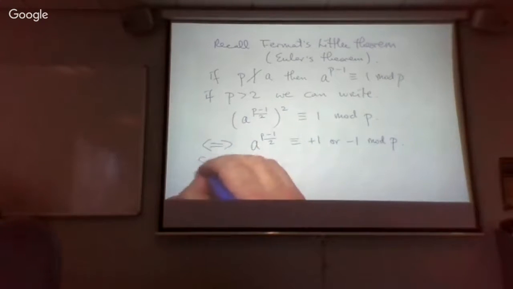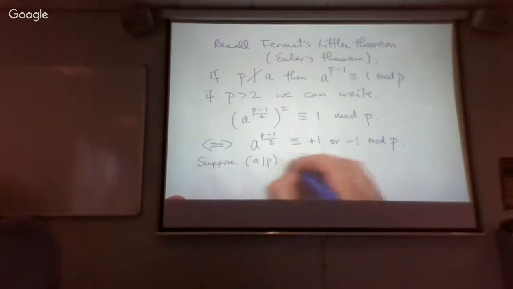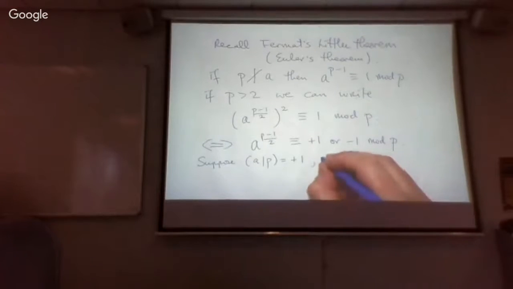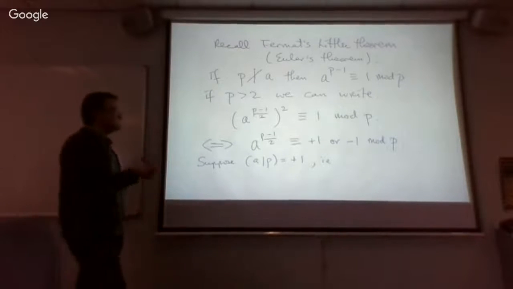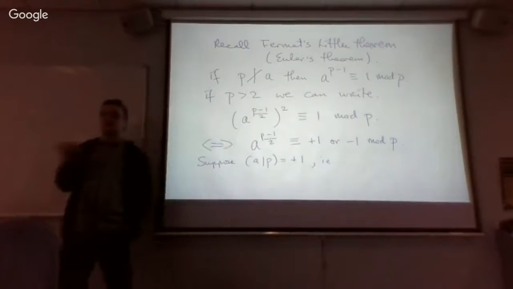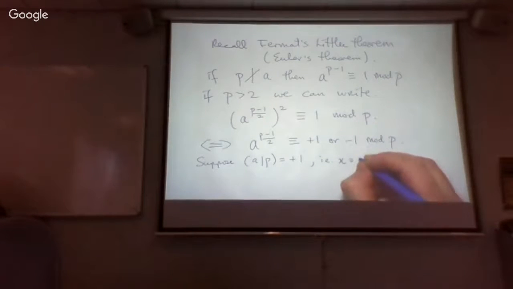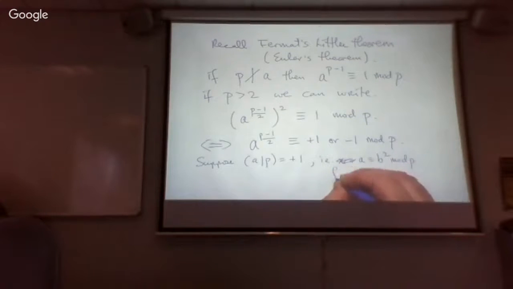So suppose the Legendre symbol is plus 1. Suppose it is a quadratic residue. If something is a quadratic residue, it means there exists a square root for it: a is congruent to b squared modulo p for some b.